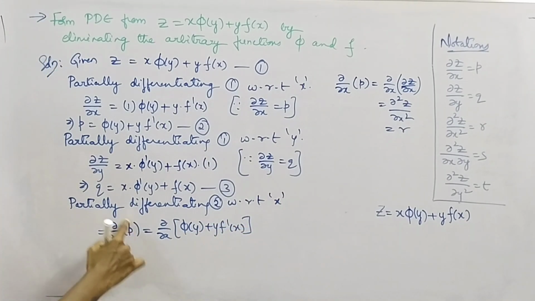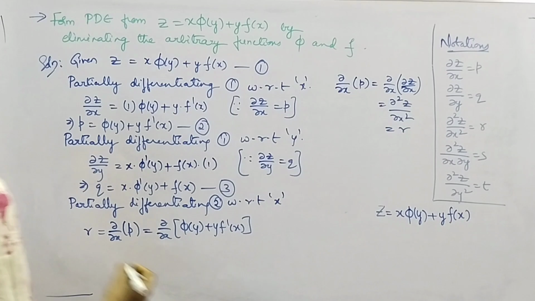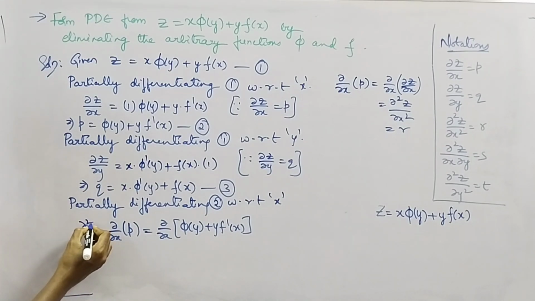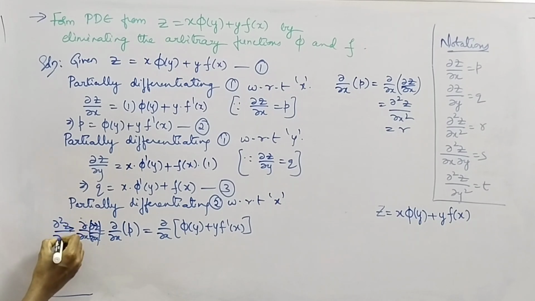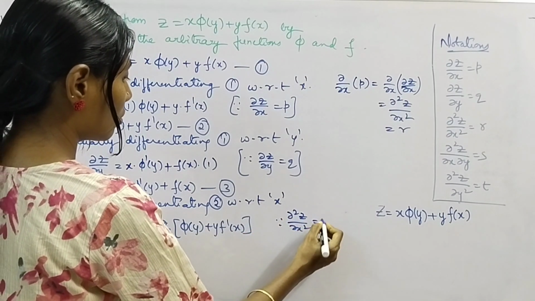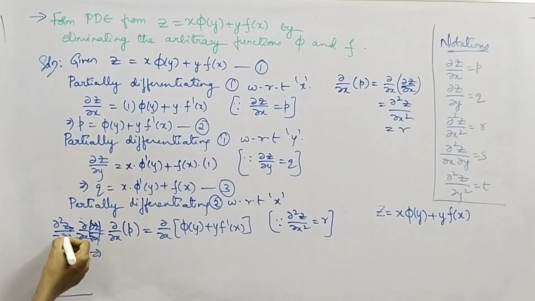And also we know that the partial derivative of p with respect to x is nothing but r, since it is dou square z by dou x square. Let me write it clearly. Dou by dou x of dou z by dou x, which is nothing but dou square z by dou x square, equals r. So just replace it by r.